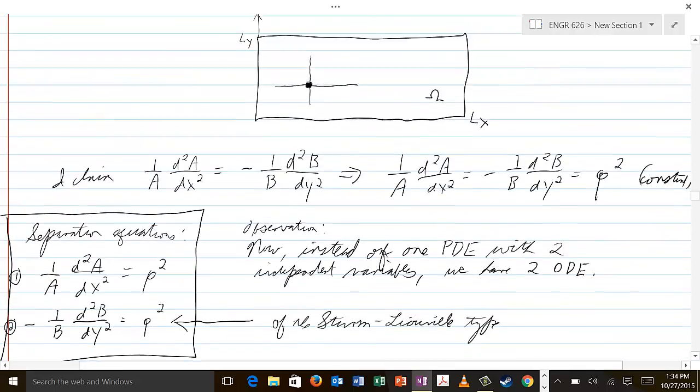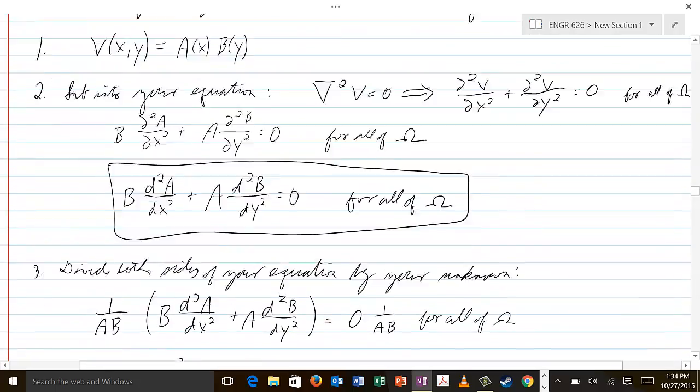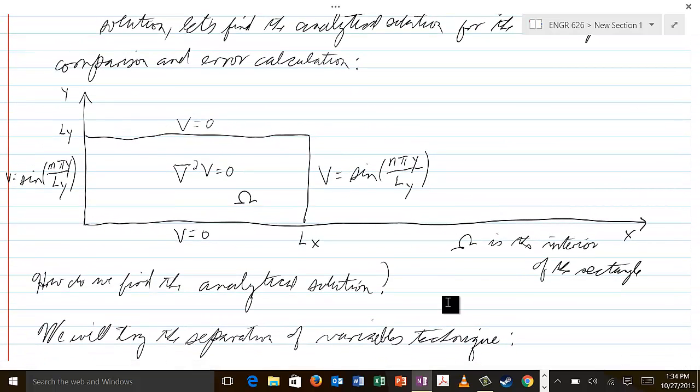Remember, in our problem domain, right up here, you see the boundary conditions in the y direction at the top and bottom. Both of those are homogeneous. In other words, homogeneous, remember, means v is equal to 0. So that's 0 and that's 0. And both of these are non-zero, so we want to do the y equation first, and then come back to do the x equation.